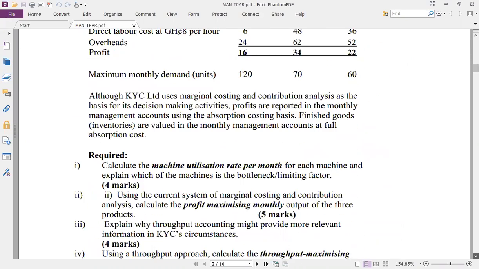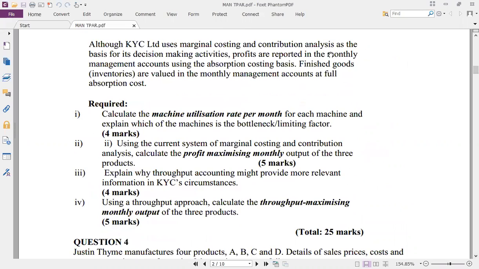So let's see the requirements. It reads: calculate the machine utilization rate per month for each machine and explain which of the machines is the bottleneck or limiting factor.